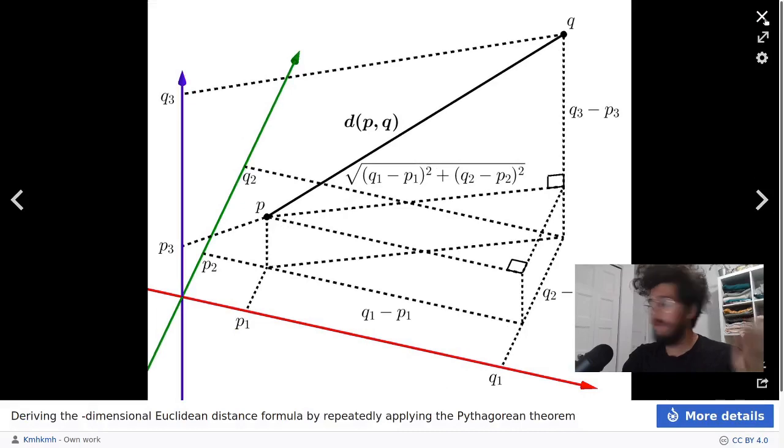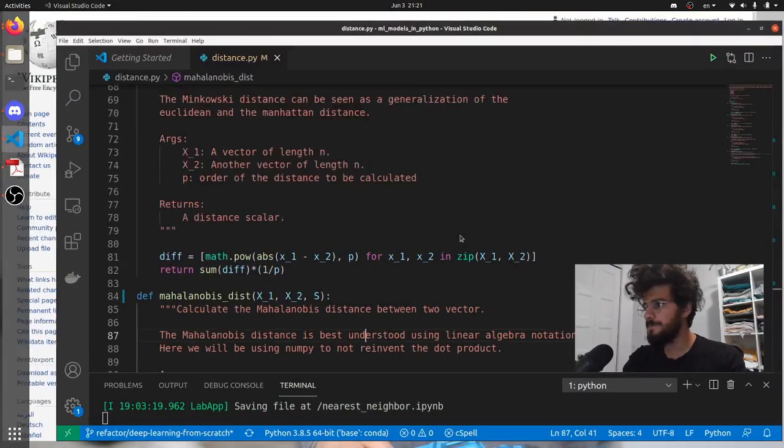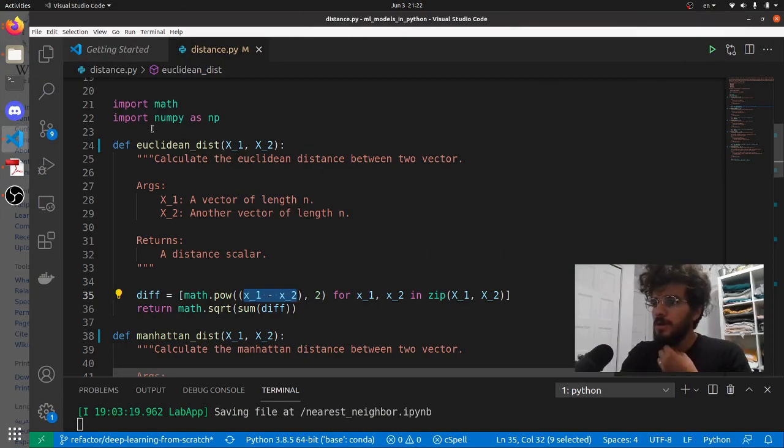So if we were to code that in Python, it won't be too complicated. The code for the Euclidean distance is the following. You have as input a vector x1 and a vector x2, and you return just a scalar, which is a number that represents this d. Here this can be 2 dimensions, 3 dimensions, n dimensions.